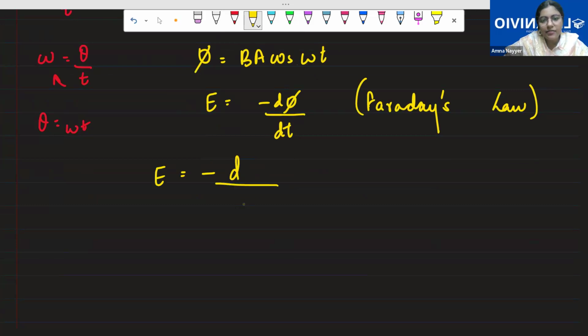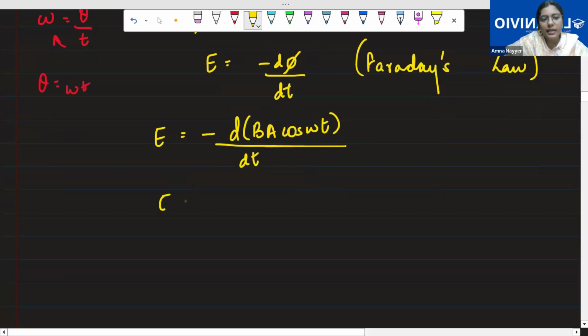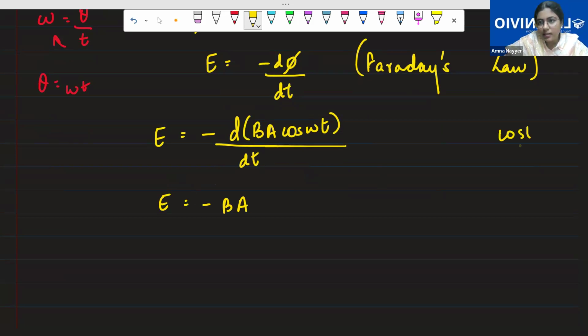So basically I am differentiating this whole term. B and A will come out. When you differentiate cos omega t, you get minus sine omega t. Cos theta becomes minus sine theta on differentiation.